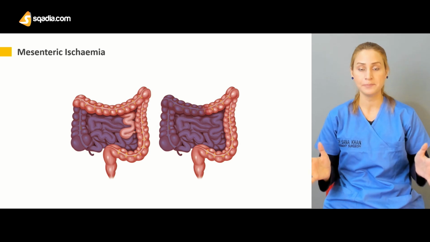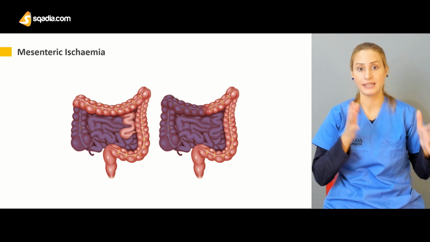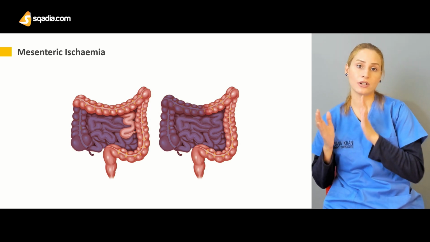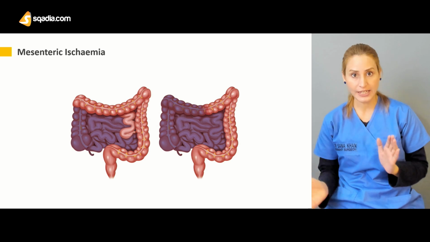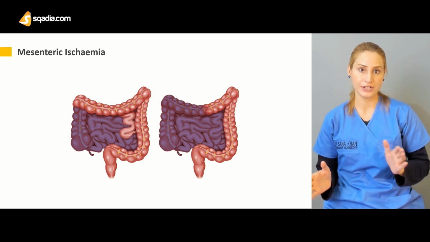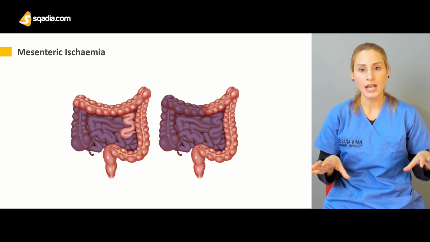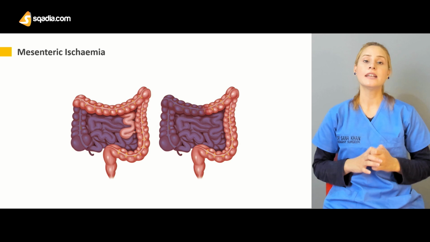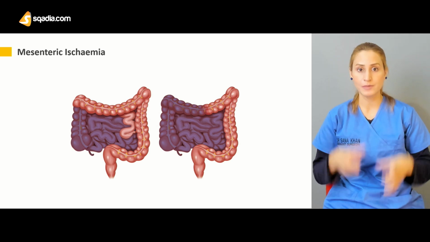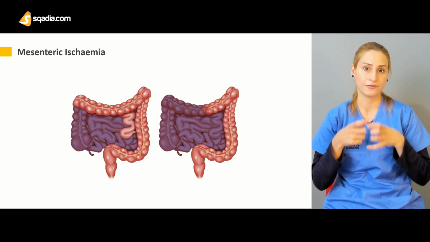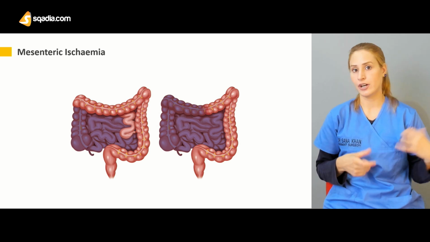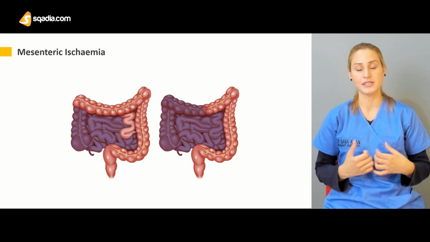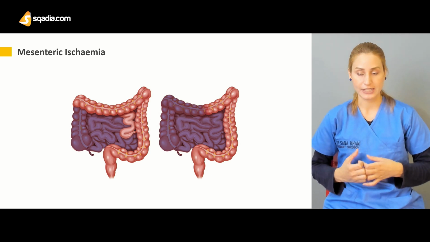If the occlusion is away from the origin, close to the aorta, maybe in the branches, most of the time it's the middle colic artery that is affected. So only a limited, small portion of the midgut would be affected, anywhere from the flexure to the mid-transverse colon.